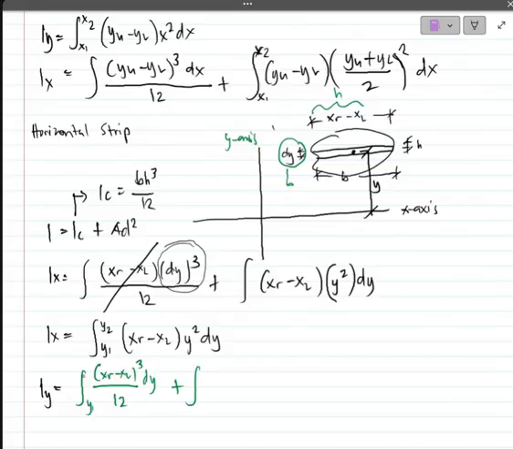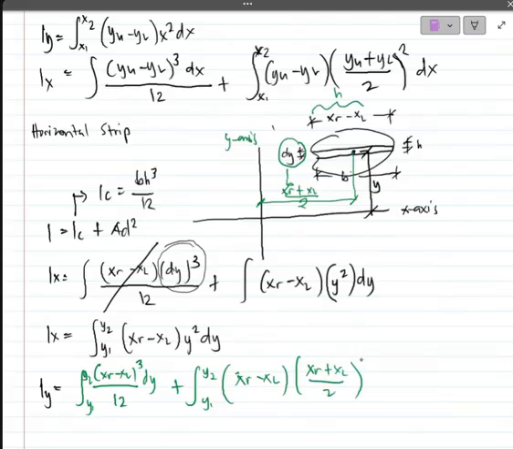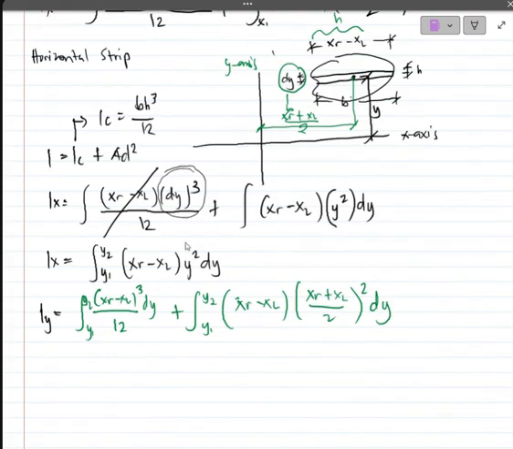This is y1 to y2. For the transfer moment, we have the area x right minus x left times its centroidal distance or moment arm, measured from the y-axis, which is x right plus x left all over 2. So times x right plus x left all over 2 squared dy. So we have this formula for Ix and Iy.